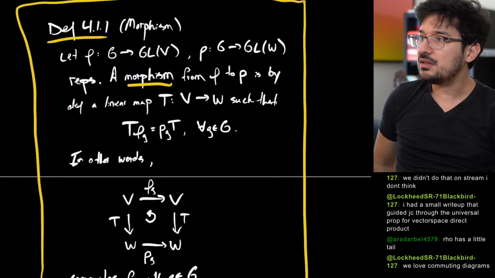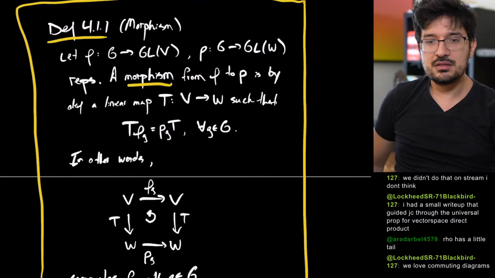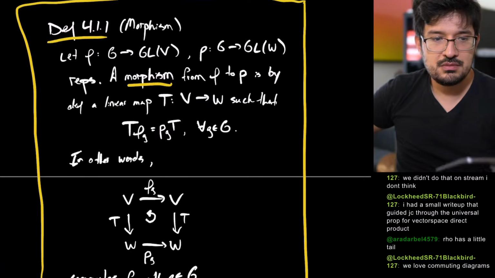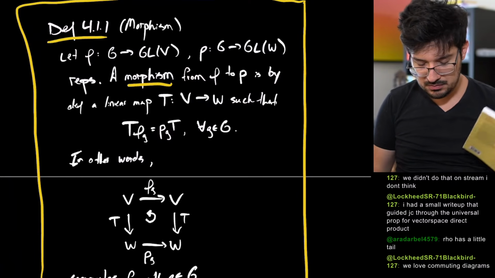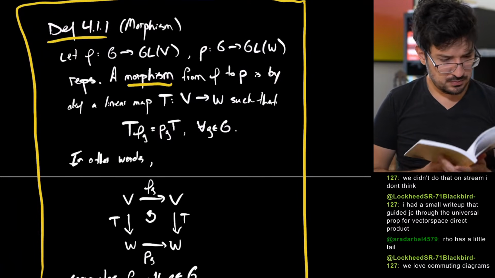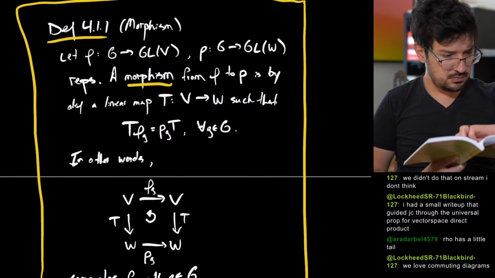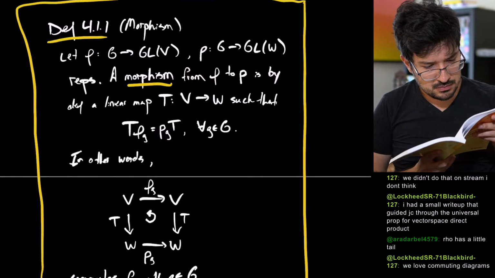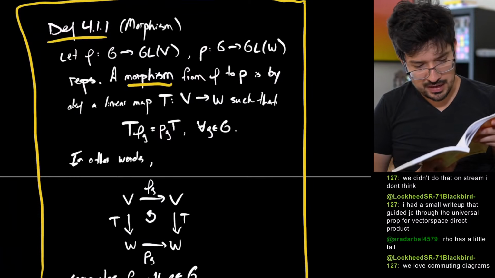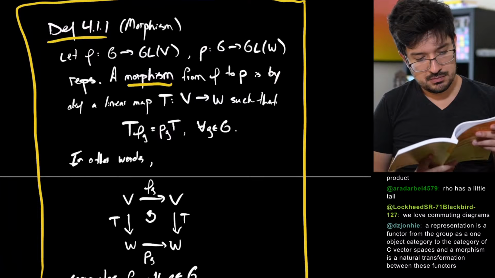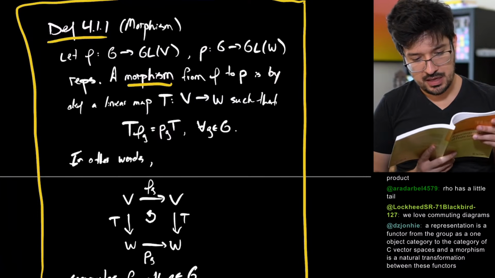Rho has a little tail. Does it? No, it doesn't. Rho does not have a tail. Not in this font.